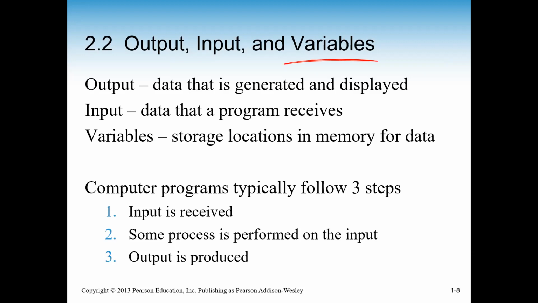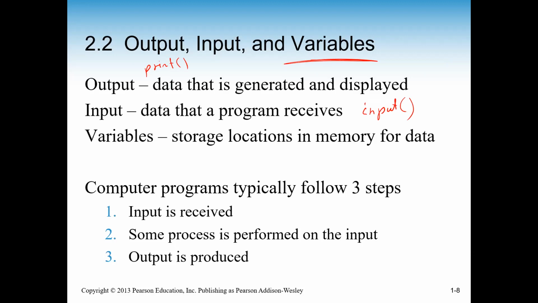We're going to see that Python, for instance, has two very handy functions. One is called a print function, and that's for outputs. And then we're going to have one called the input function. All right, and both of those are going to allow us to get our inputs or print out our outputs.